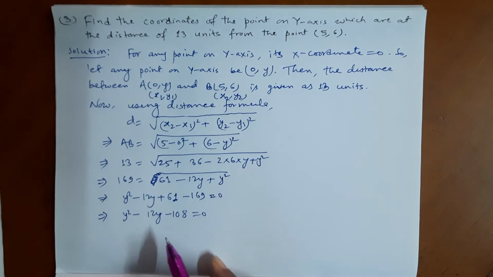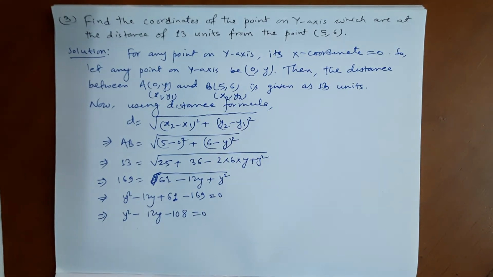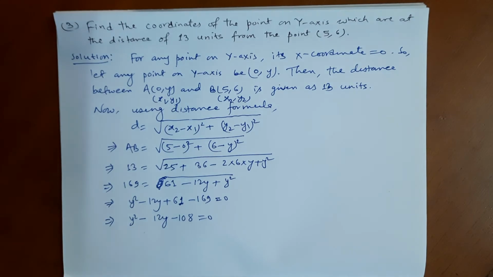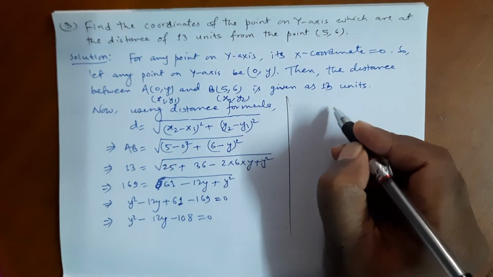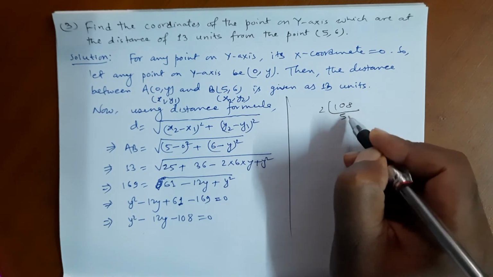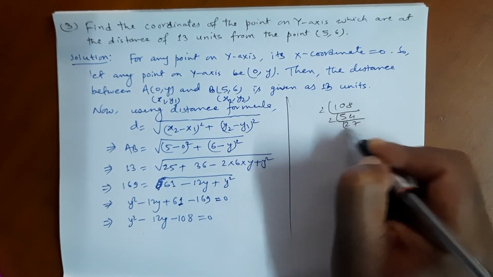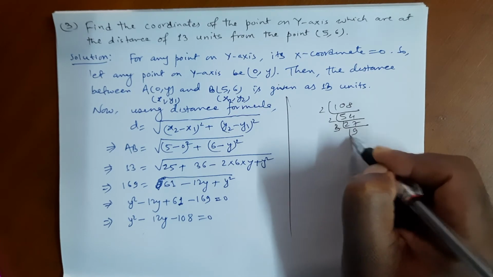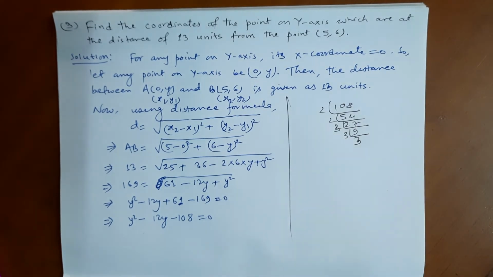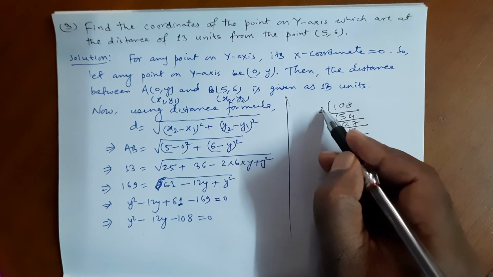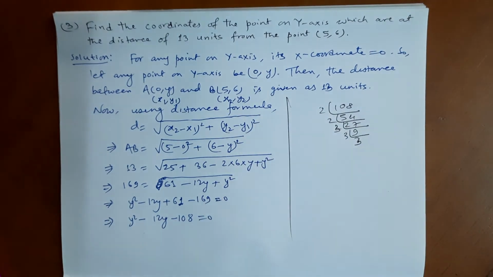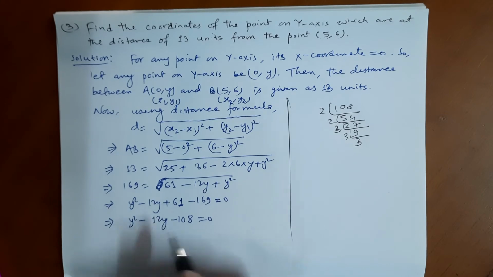Now we have to factorize this. For factorization, we can do prime factorization of 108. While finding the prime factorization: 108, 2 can divide, 2 fives are 10, 2 fours are 8, 2 27s; now 3 can divide, 3 nines are 27, 3 threes are 9. From this we have to take any two factors so that the difference is 12.